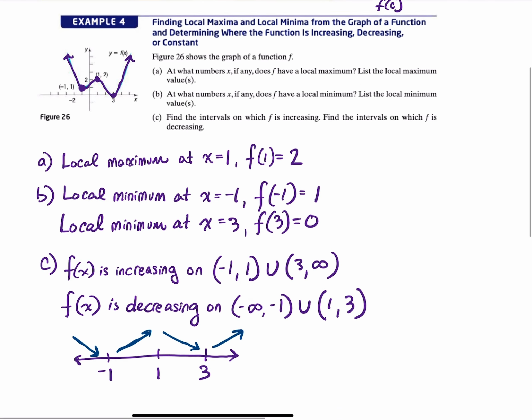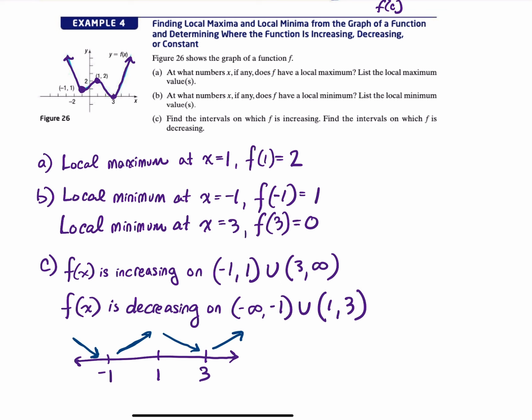But for now, we'll rely on the graph and just think about zooming in, creating little windows around these points. You're really just looking for those peak and valley kinds of locations. That's where we're switching from decreasing to increasing or from increasing to decreasing. And if we're working with functions that describe some kind of real phenomena, those are probably points of interest.